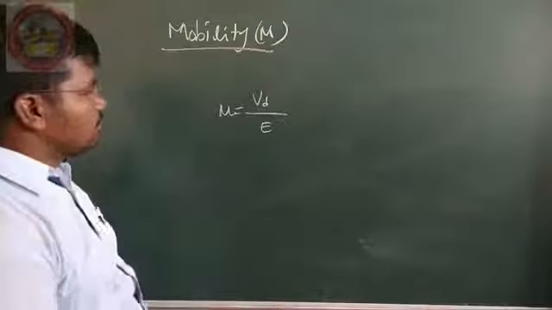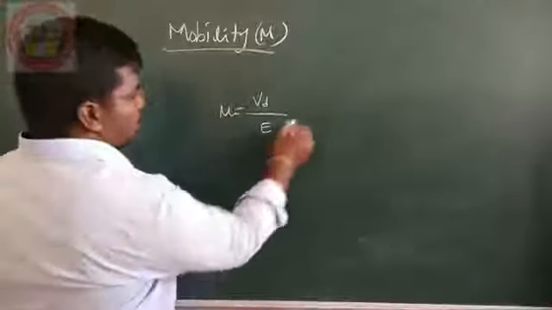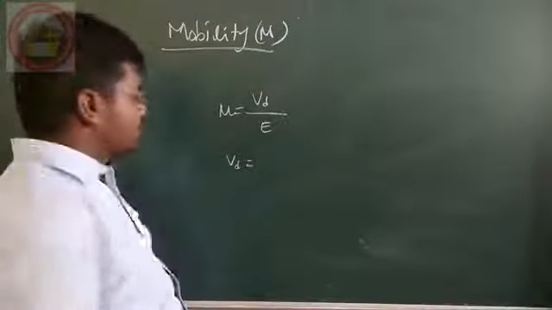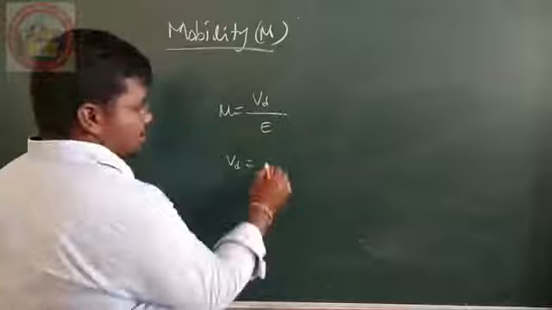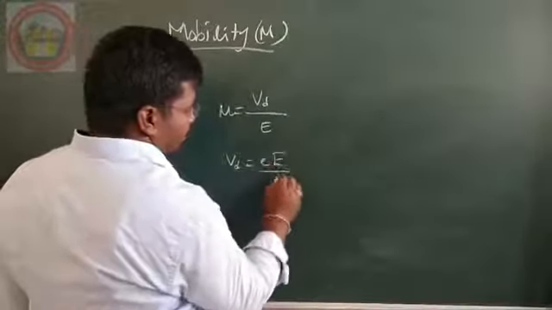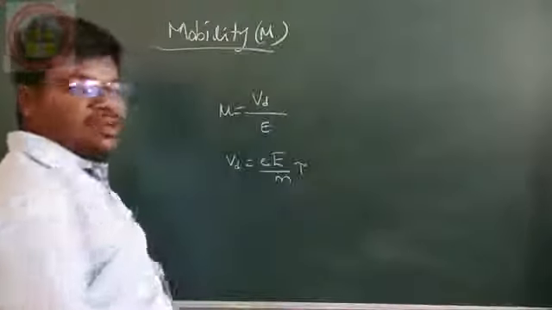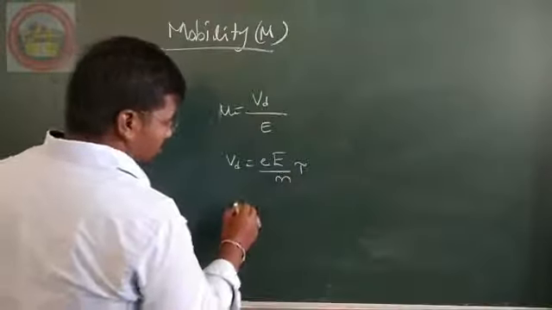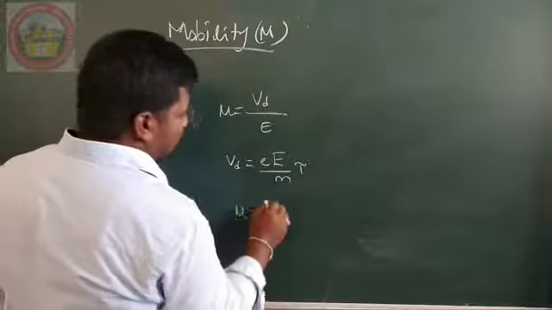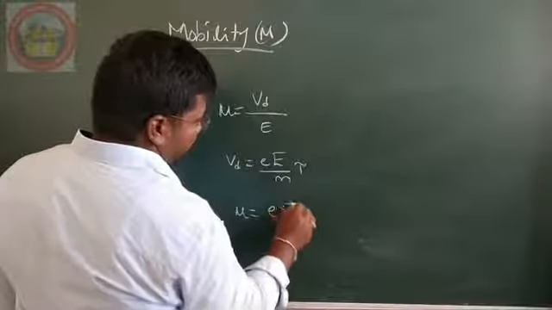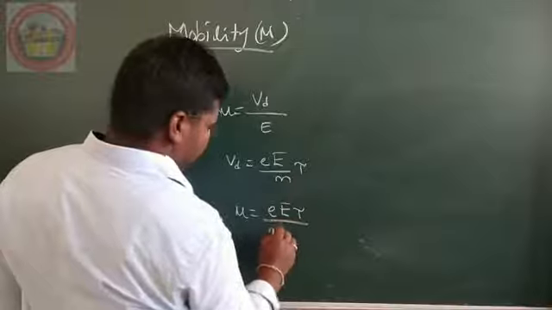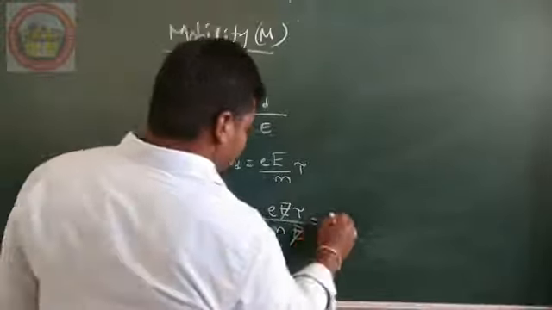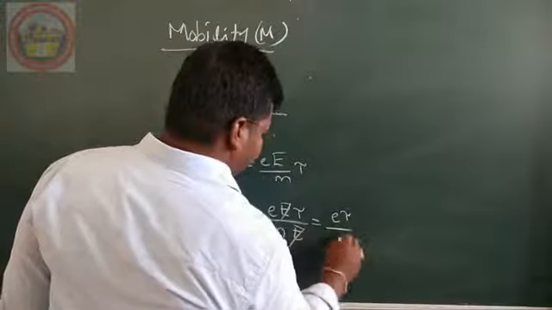Then coming to the expression, we know that Vd is equal to small e capital E divided by m into tau. So we can substitute this: mu is equal to e E tau divided by m, divided by E. E gets cancelled. Small e tau divided by m.